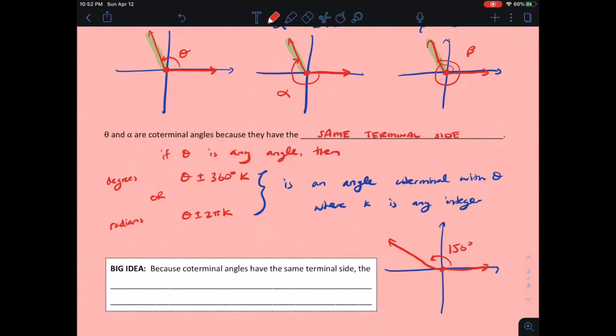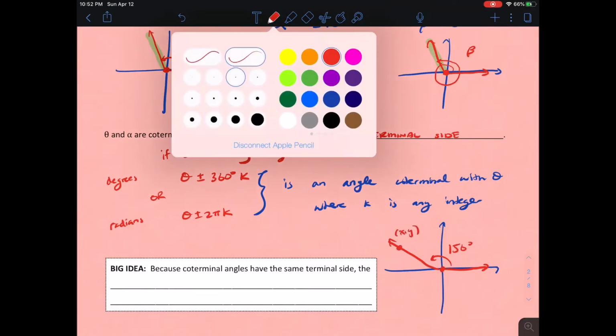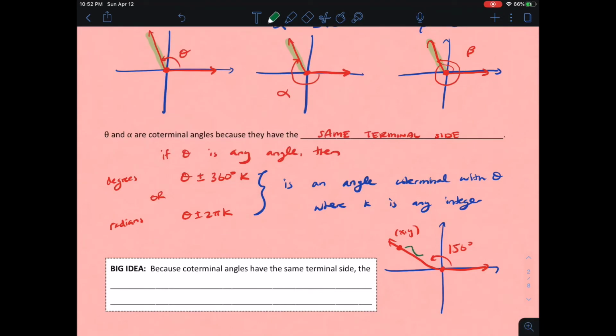We took an arbitrary point on the terminal side. Let me call it x comma y. We define r to be this distance right here. If you remember, this was the formula we used to define r. And so if I want to find sine of 150 degrees, I'd use the ratio y over r.